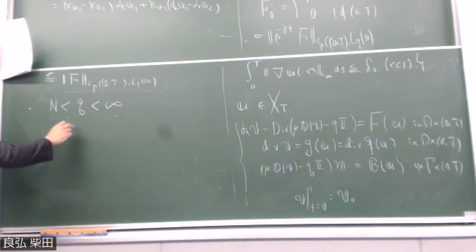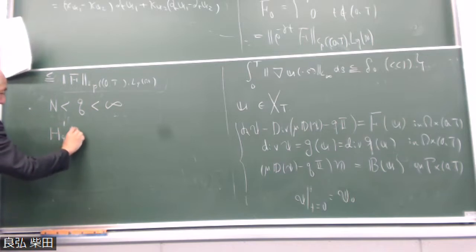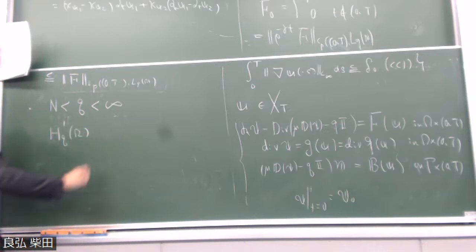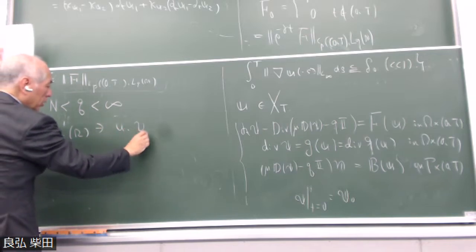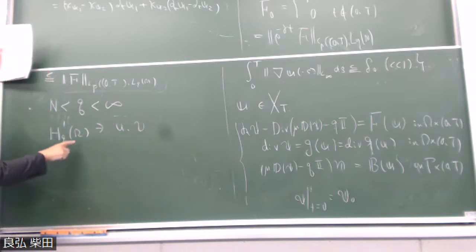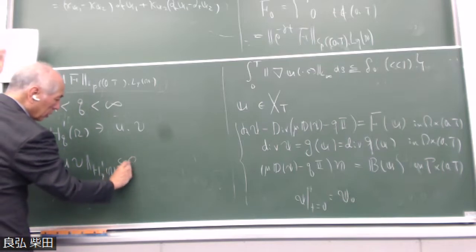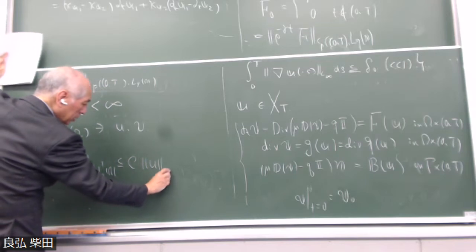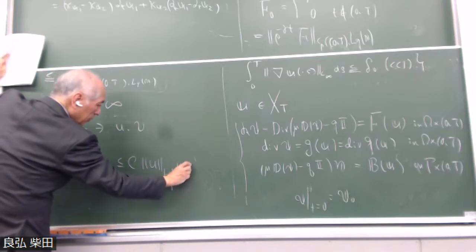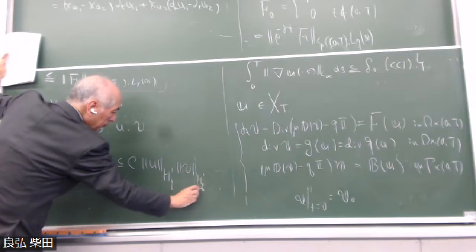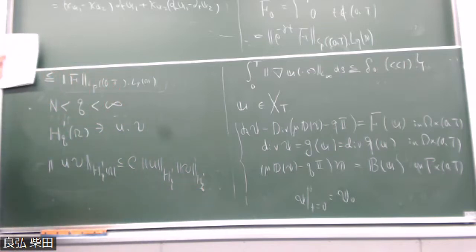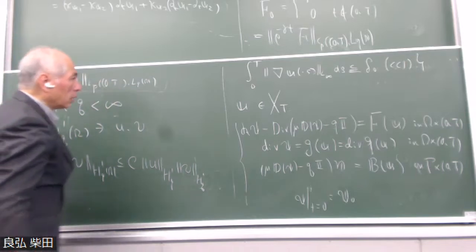The reason why I want to use the algebra H^1_q(Omega) is that if you take two functions u and v from H^1_q, then the H^1_q norm of uv is bounded by the H^1_q norm of u times the H^1_q norm of v.